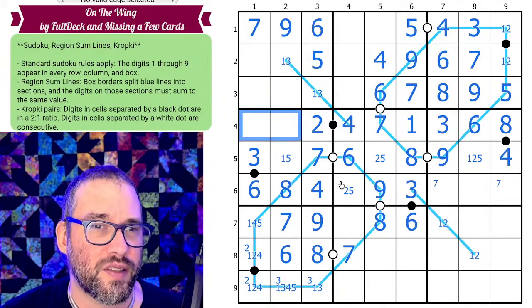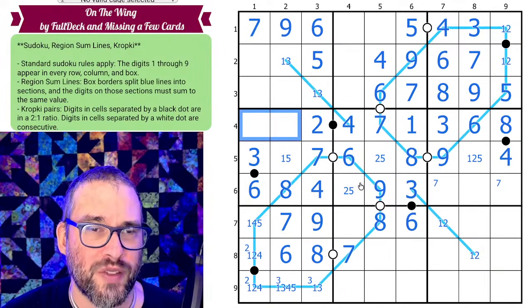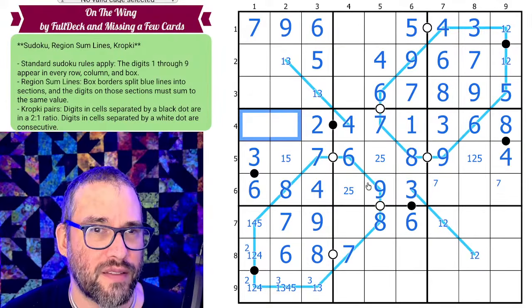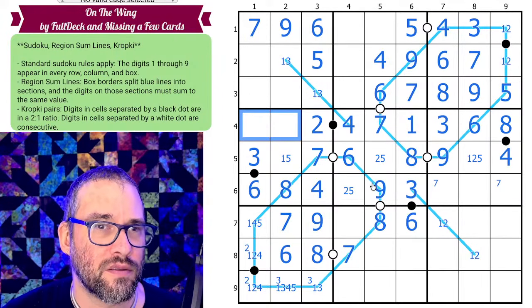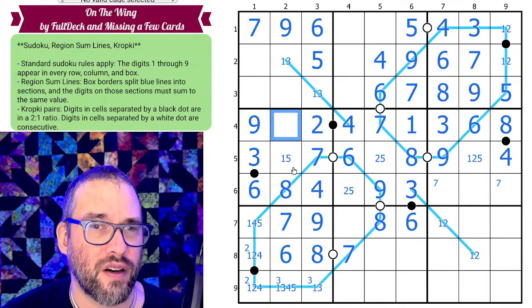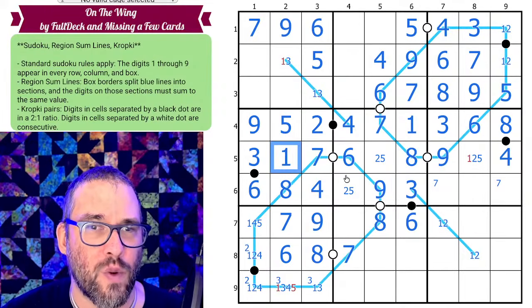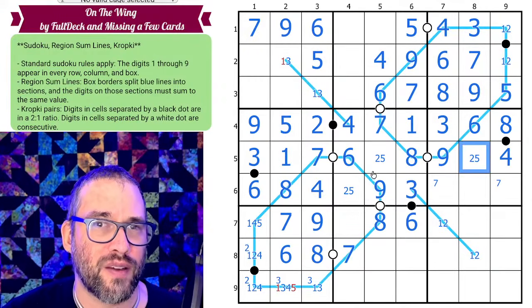Well, let's see. What are we missing here? 1, 5, and 9. The 9 goes here. That's a 5, that's a 1. 2, 5 pair left in the row.